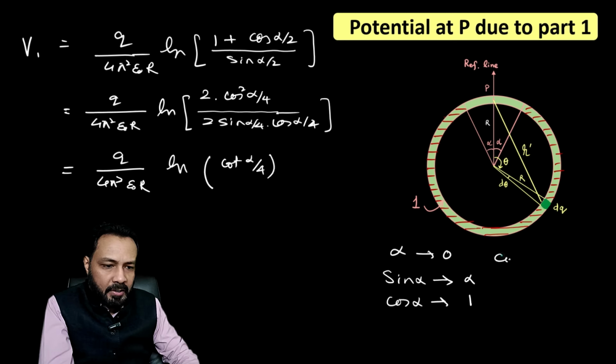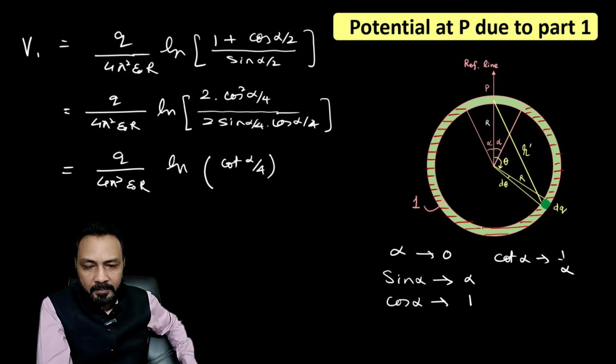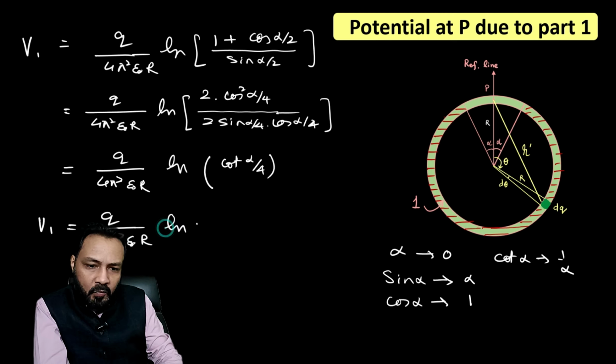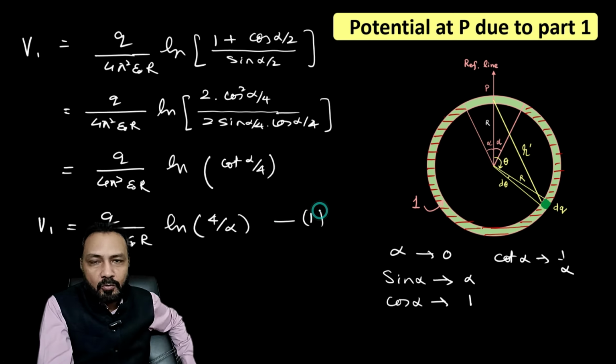So cot alpha will tend to 1 by alpha, so cot alpha by 4 will tend to 4 by alpha. So V1 will become q divided by 4 pi square epsilon naught r ln 4 by alpha, and that is the potential at P due to part 1.